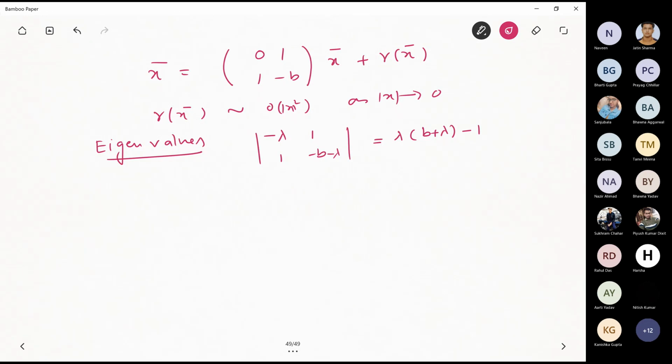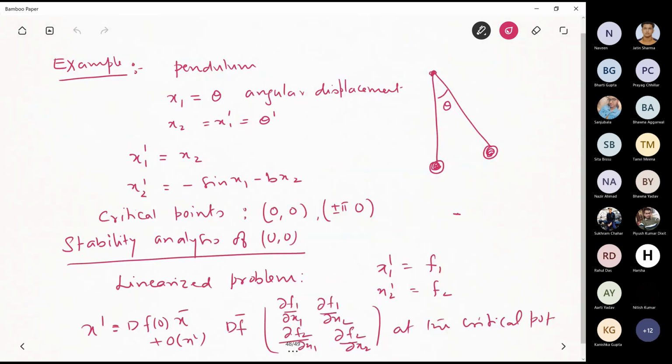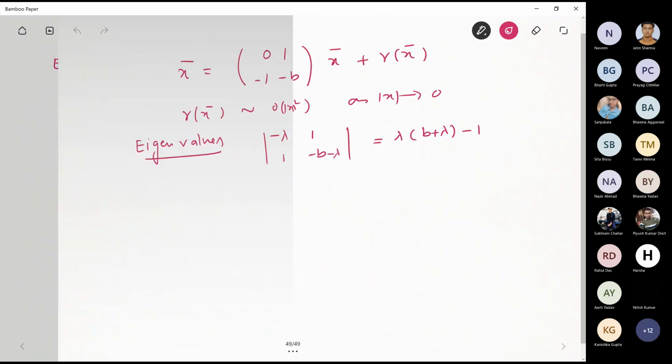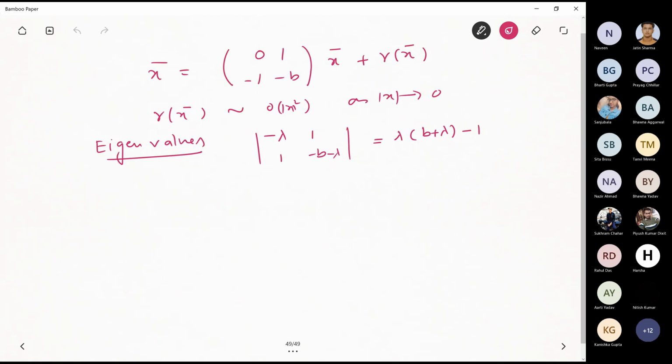Okay, no, this is minus 1, because you write the derivative of minus sin x1, that is going to be minus cos x1 at x1 equals 0, it is going to be minus 1. So this is minus 1, so this plus 1. So this equation becomes lambda squared plus b lambda plus 1. So therefore lambda is going to be minus b plus minus the square root of b squared minus 4, all over 2.